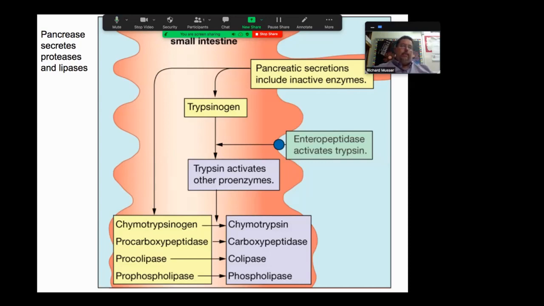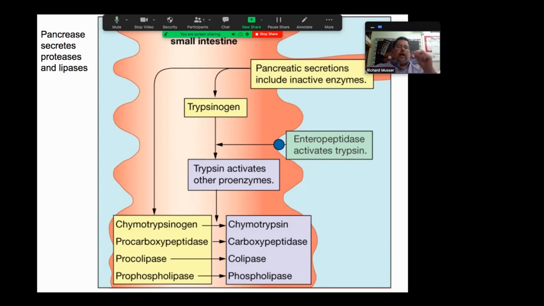Some of them are proteases also, like chymotrypsinogen. Chymotrypsinogen becomes activated thanks to trypsin into chymotrypsin because it'll cleave a part of that proenzyme off, making the enzyme active. So you can almost think of enzymes again, like proteases, as a Pac-Man digesting proteins, just to keep it simple.